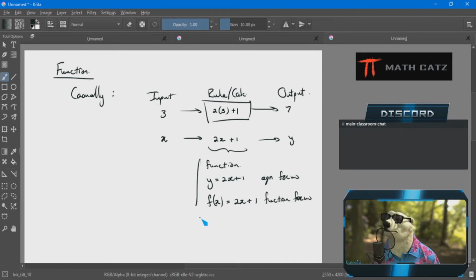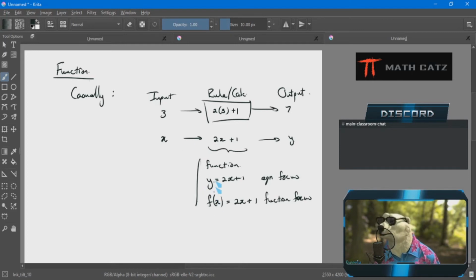There's no difference in the meaning. It's really just how do I want to view this? Which place do I want to emphasize? Do I want to emphasize the equation side of it, or do I want to emphasize the input-output function side of it? That doesn't change.